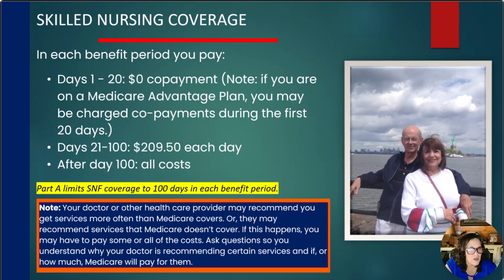Days 21 through 100 would cost you about $210 a day. If you have a Medicare supplement plan, it will pick up to the 100 consecutive days, but past 100 days in a skilled nursing facility, you are responsible for the entire cost. So this is a really great option with very easy underwriting.